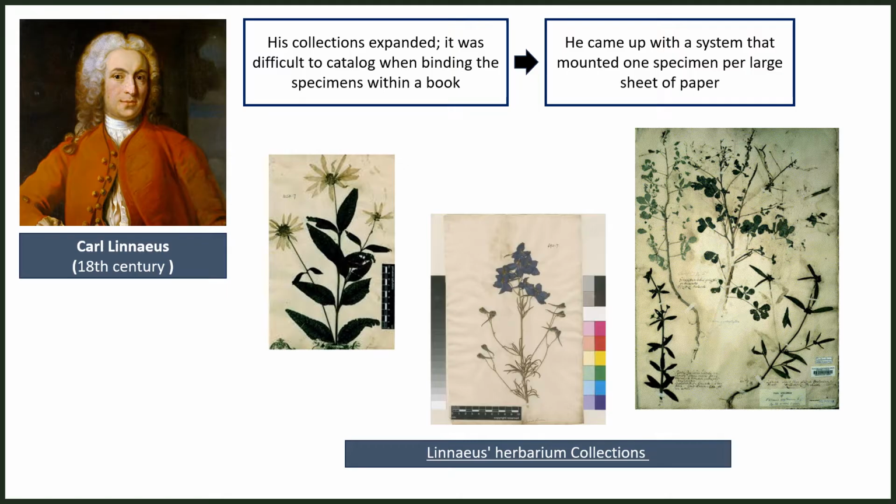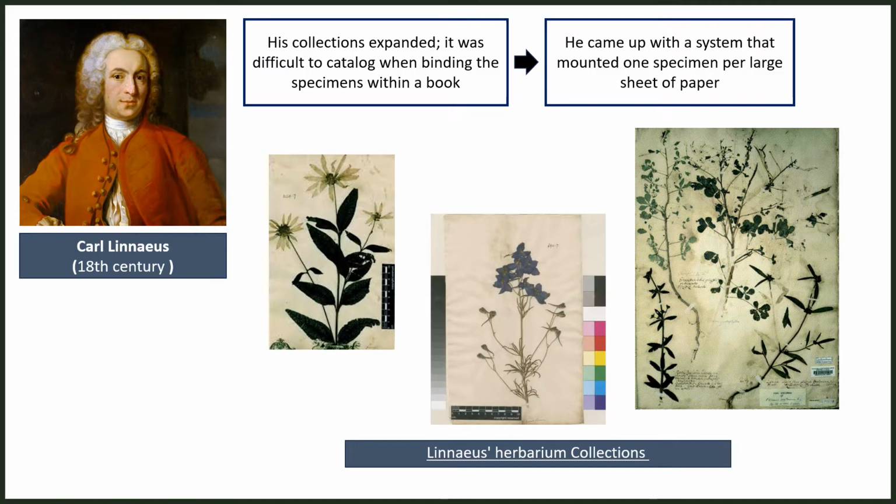Then comes the 18th century. This was the time when Carl Linnaeus collected plants in that particular manner for a long time, and then he expanded his collections. When he expanded such a system, it was difficult to keep the bound specimens in a particular book.